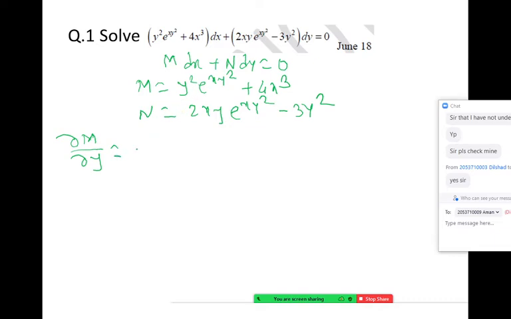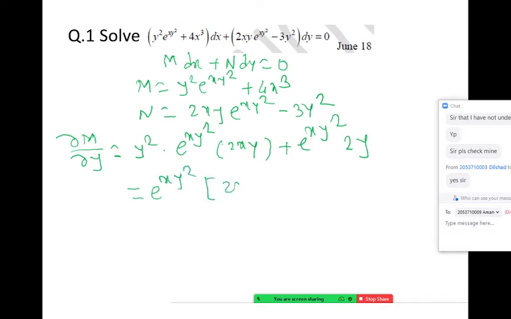First function y square into derivative of the second, e raised to xy square into derivative of xy square, which is 2xy. Plus e raised to xy square as it is, and derivative of y square is 2y. Derivative of 4x cube is 0. So we get e raised to xy square into (2xy cube plus 2y). This is dou M by dou y.